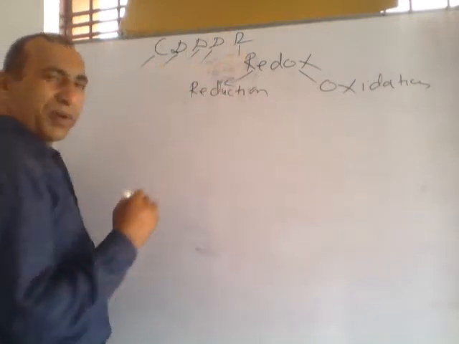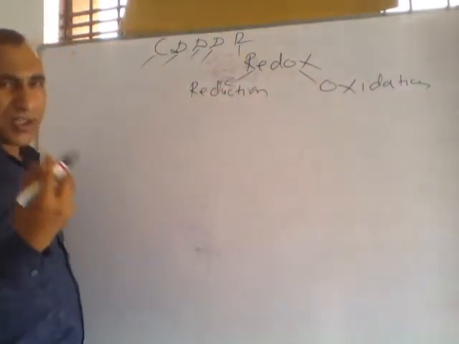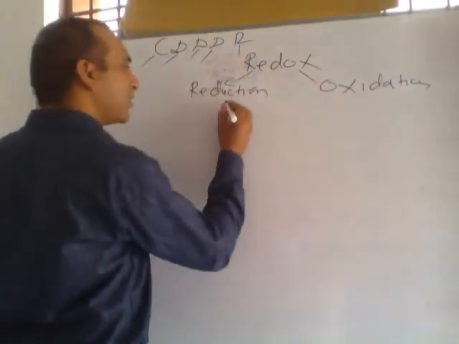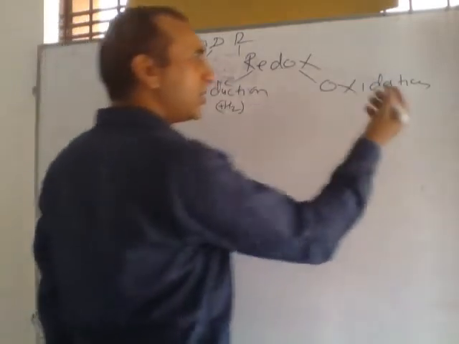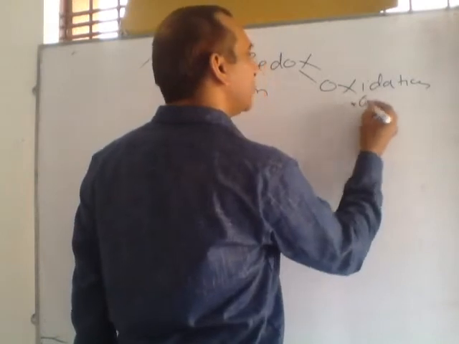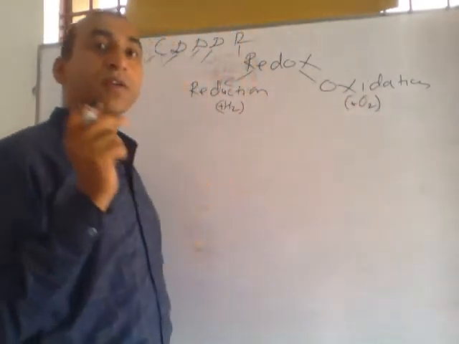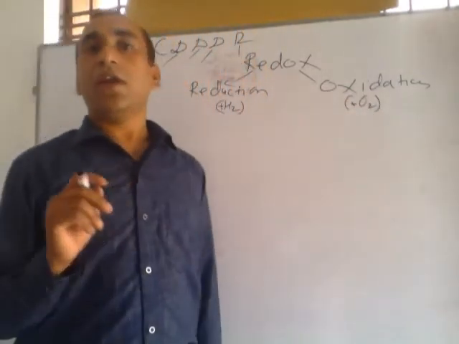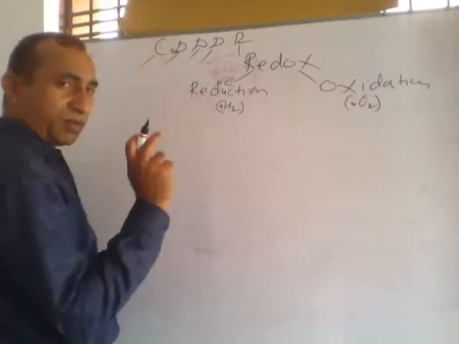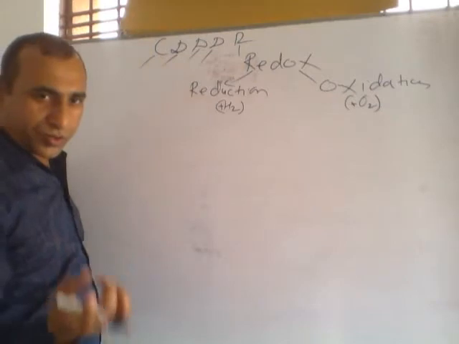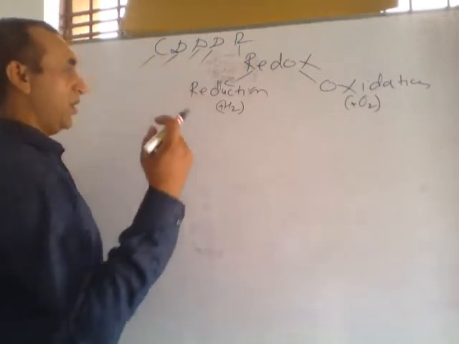So what is the meaning of reduction and oxidation? In simple and general language, we can say reduction means addition of hydrogen, and oxidation, addition of oxygen in simple terms. But in chemistry, in electronic definition, we say that reduction means reducing the oxidation state.